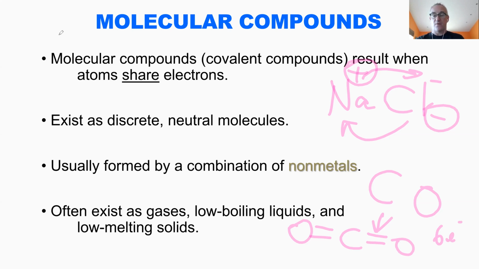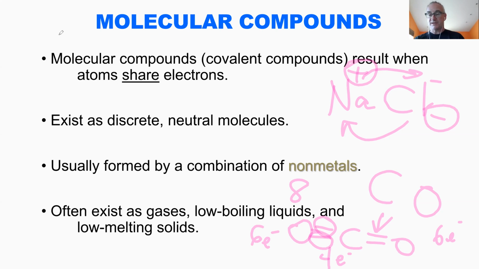Carbon has 4 electrons because it's in group 4. And this oxygen also has 6 electrons. What's happening is they're sharing a pair of electrons here and a pair of electrons there. So now oxygen can say it has 2 of those shared electrons, so now it has 8 and it's happy.